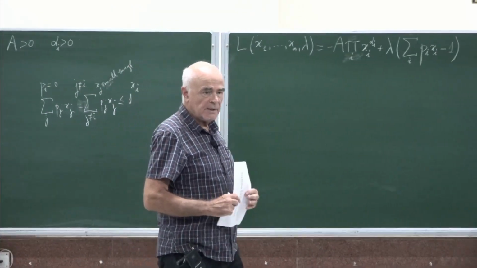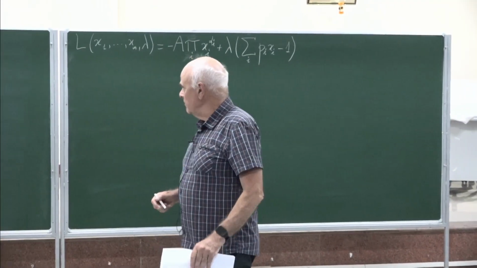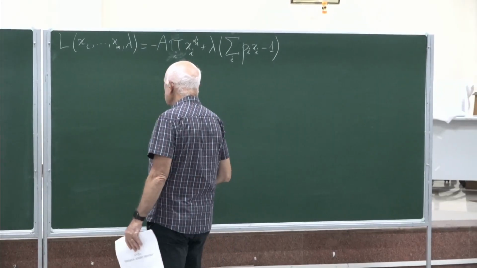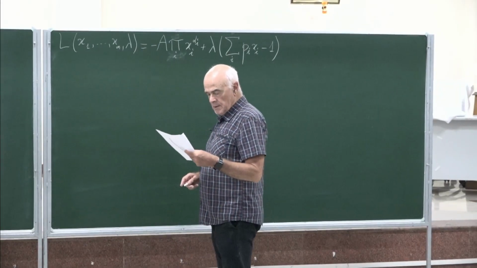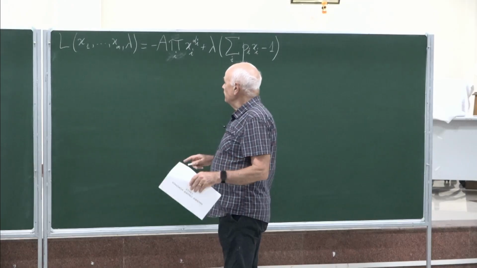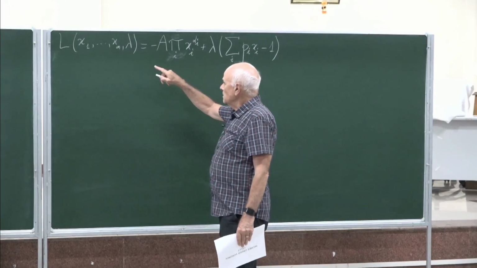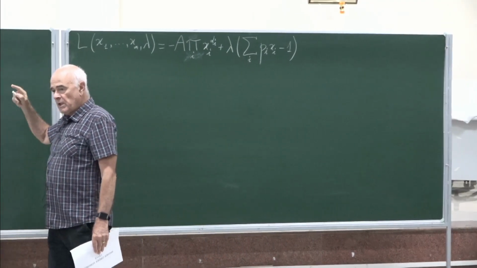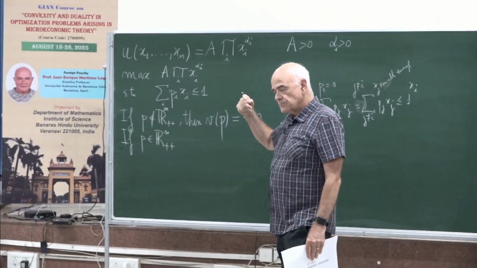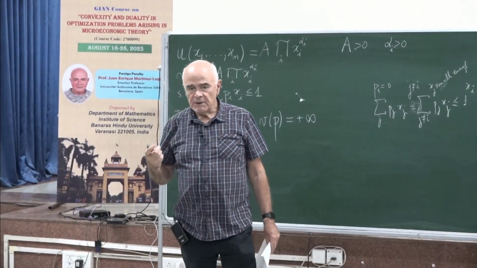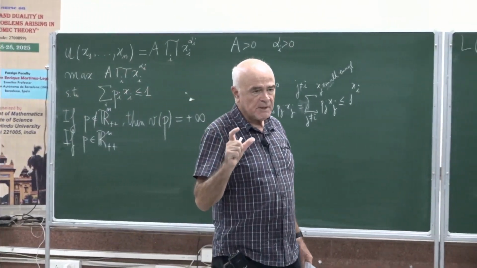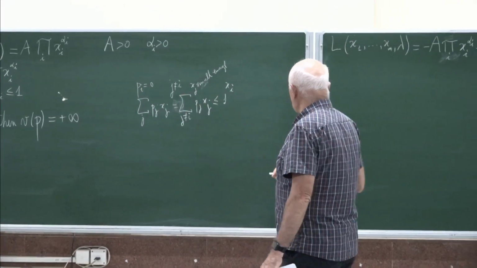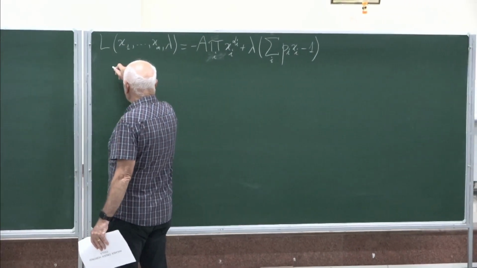So we can apply the KKT theorem to obtain that at an optimal solution, the gradient of the Lagrangian with respect to x vanishes, then we have non-negativity of the multiplier plus the complementarity condition.